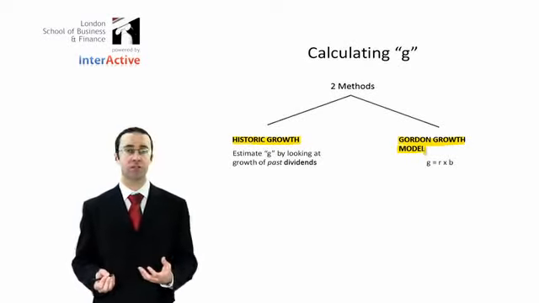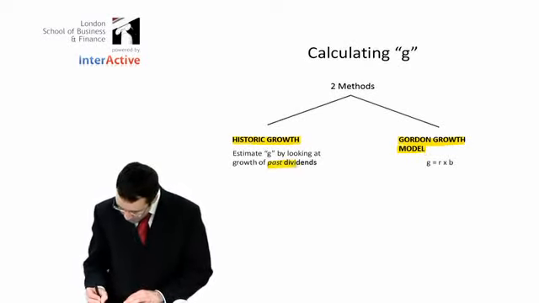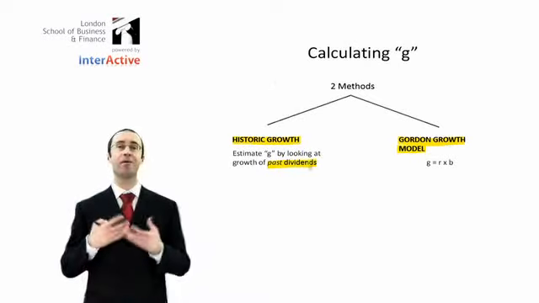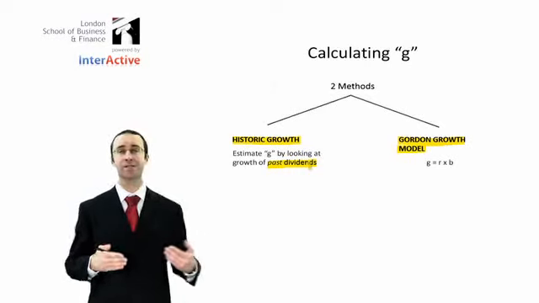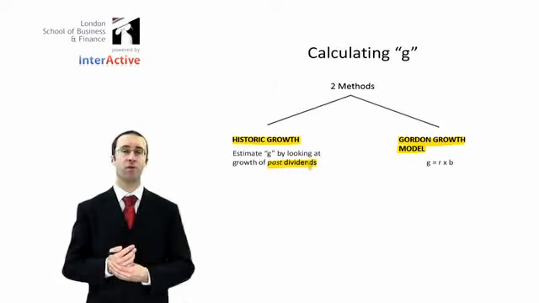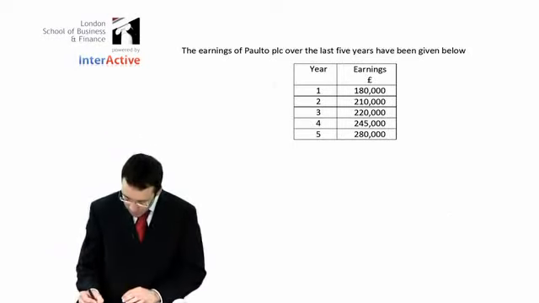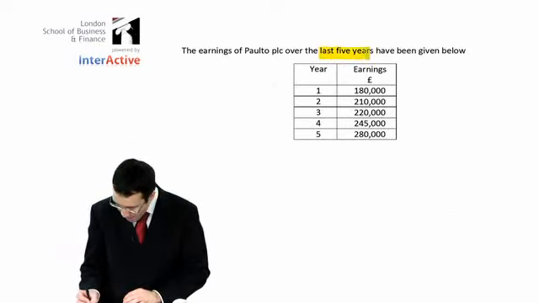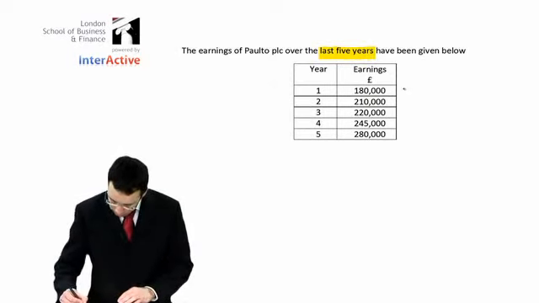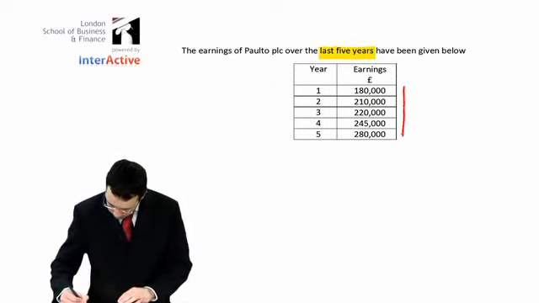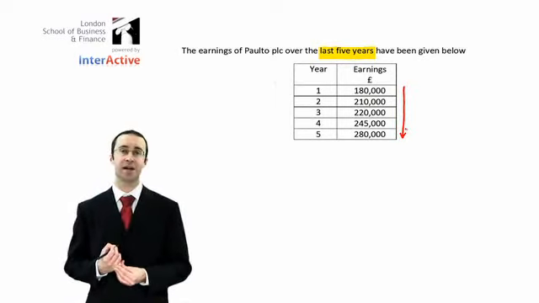Historic growth should be nice and straightforward. All we do is look at our past dividends, see how they have grown, and make the assumption that what has grown in the past will continue for the future. So if we look at this example, we have a dividend that has been paid over the last 5 years that has steadily grown from 180,000 to 280,000.